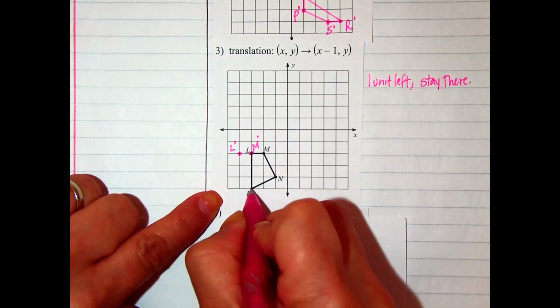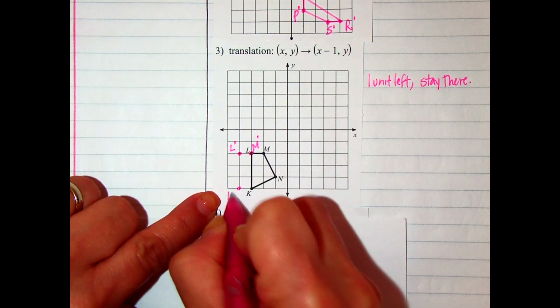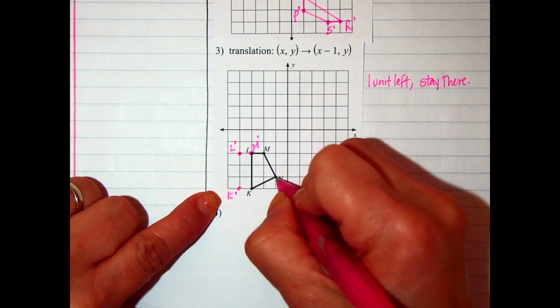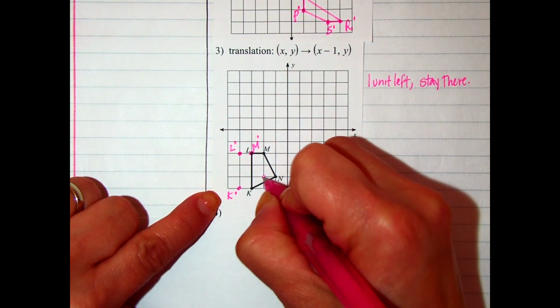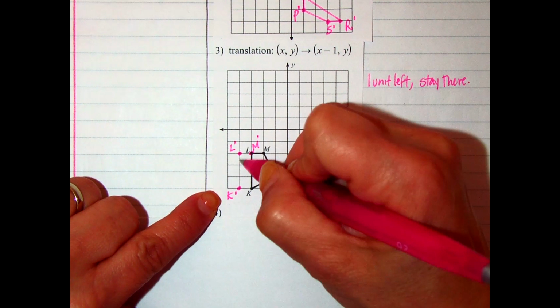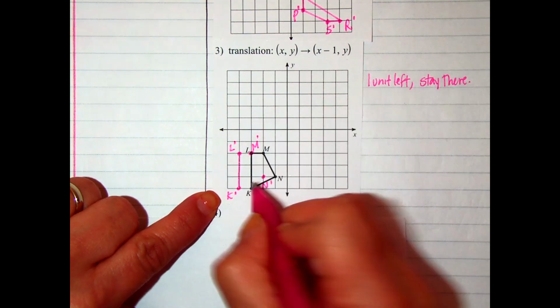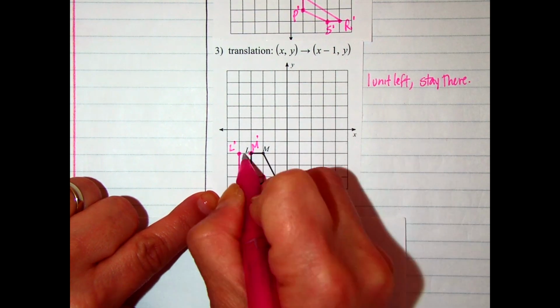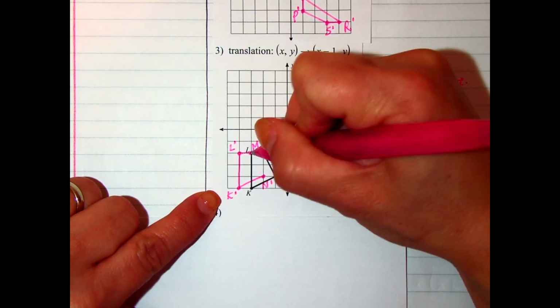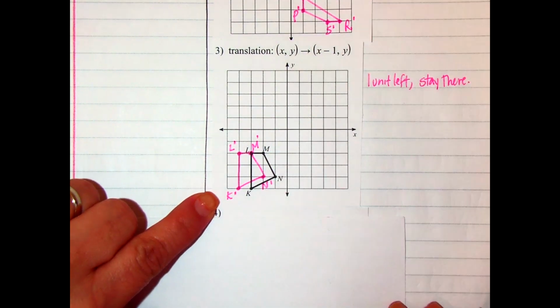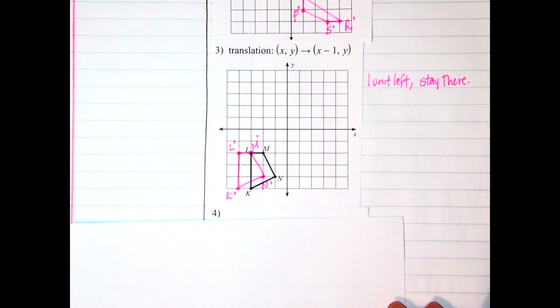K moves 1 to the left, label it K prime. And N, 1 to the left, and that's N prime. Use your straight edge if you need it. Okay. And there's my next translation.